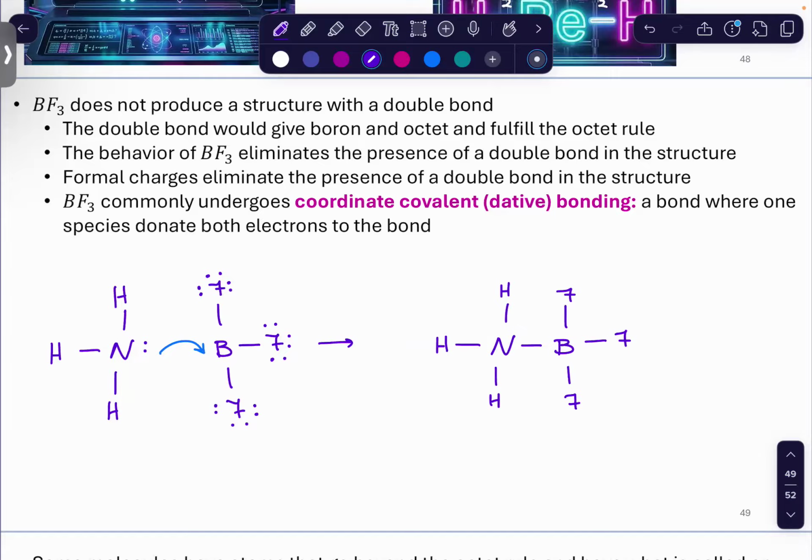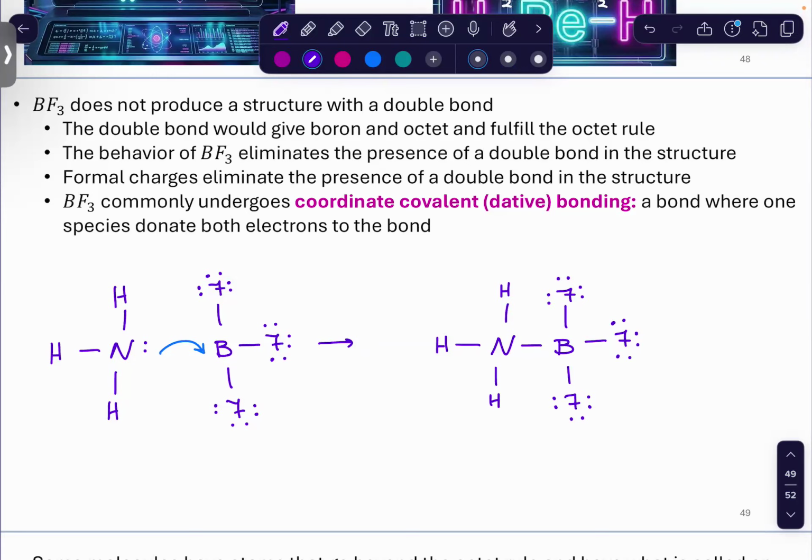Because these boron compounds undergo coordinate covalent bonding quite a bit, if you had a double bond on one of the fluorines, this wouldn't be possible. And so there's one behavior.